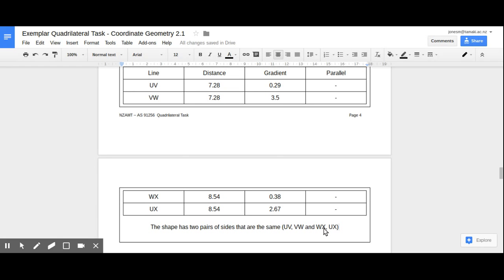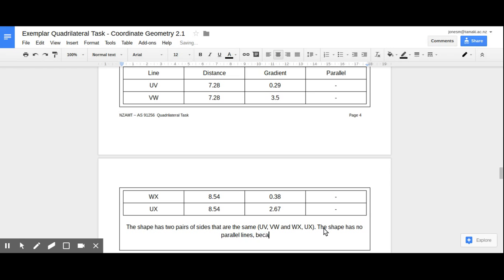The shape has two pairs of sides that are the same. The shape has no parallel lines because no gradients are the same. What that means is if there are no gradients that are the same and there are two pairs of sides that are the same, the shape must be a kite.